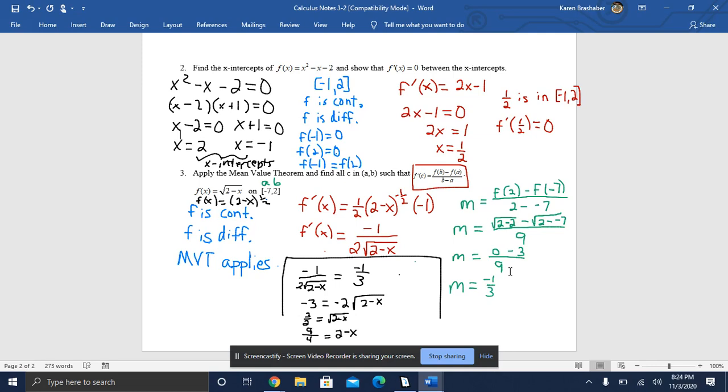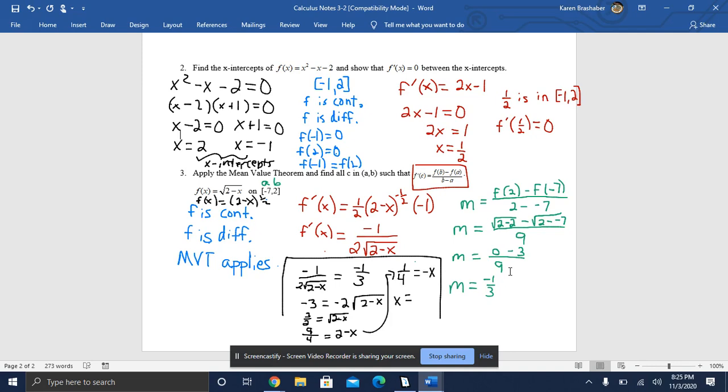I can subtract 2 from both sides. So I'll continue that up here. So 9/4 minus 2, that would be 8/4. So 9/4 minus 8/4 would give me 1/4. And so 1/4 is equal to -x.